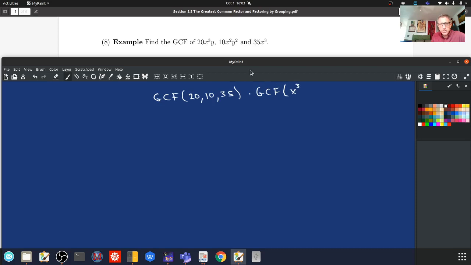We have an x cubed and an x squared, and I already have an x cubed, I don't have to repeat it. This side of the calculation is really easy. It's going to be x squared. So I have to find the GCF of 20, 10, and 35. I can already tell you it's probably going to be 1 or 5.